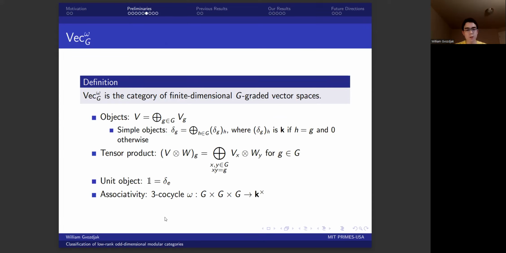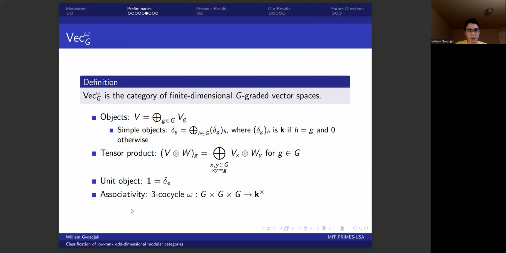So we can decompose V into a direct sum of vector spaces V sub g for every single element g of our group G. In this category, our simple objects are going to be one-dimensional vector spaces, and these one-dimensional vector spaces are going to be concentrated in a certain degree of our group.